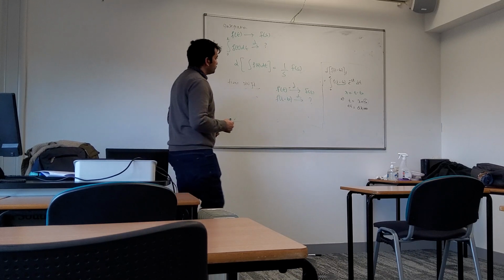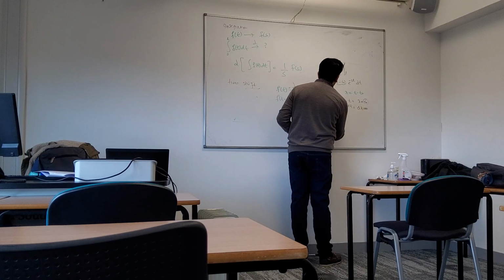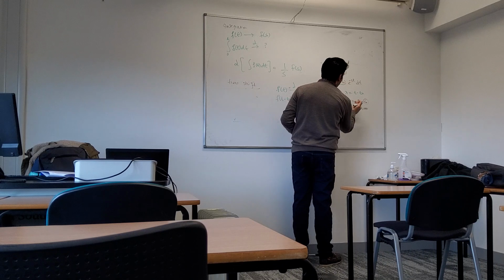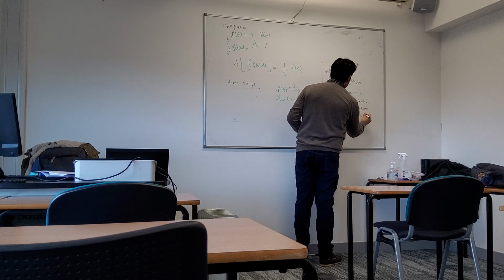So now, it would be 0 to infinity f of lambda e power minus s, and instead of t I will be writing lambda plus t naught, d lambda.